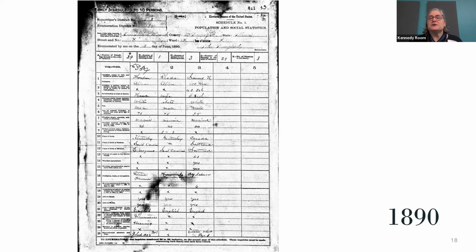It asked whether you were a soldier, sailor, or Marine during the Civil War, US or Confederate, or the widow of such a person, the mother of how many children, and how many of those children are living, the number of years in the United States, whether naturalized, whether naturalization papers have been taken out, whether able to speak English, and if not, what language do you speak?